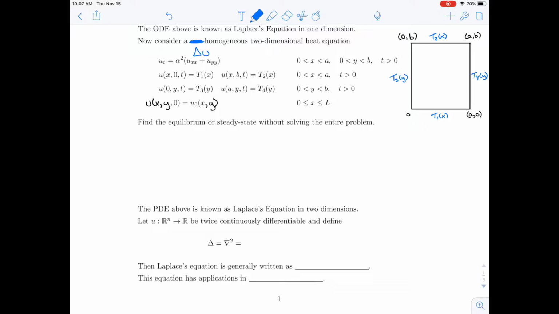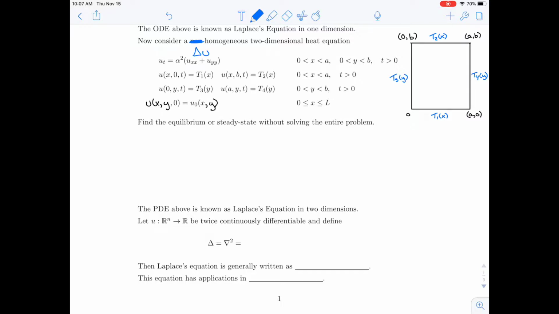Laplace's equation in 2 dimensions is going to describe the heat flow in a thin metal plate that you can see pictured on the right. On the bottom of that plate, we're going to hold the temperature fixed at some function T1 of x. On the top of that plate, we're going to hold the temperature fixed at T2 of x.